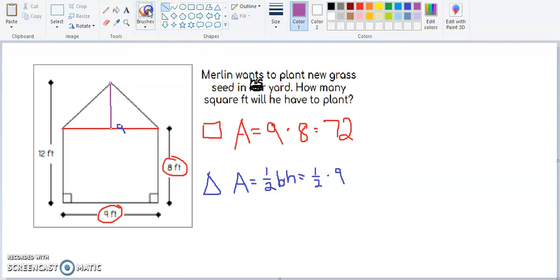I have to find my missing pieces. So from here to here is 12. That means over here has to be 12 as well. So we're going to do 12 minus 8 to get 4. Okay, so my height is going to be 4.